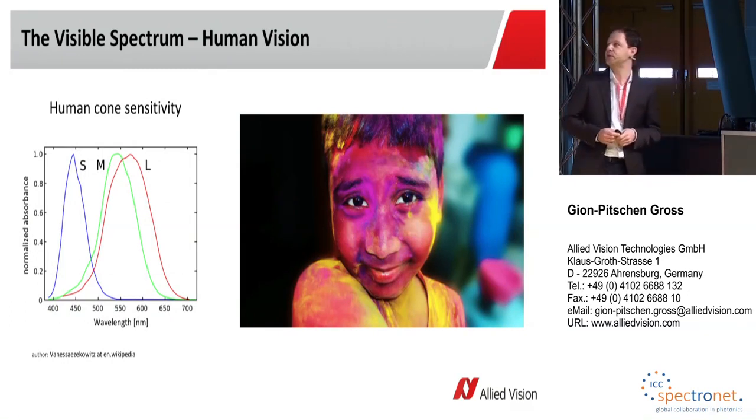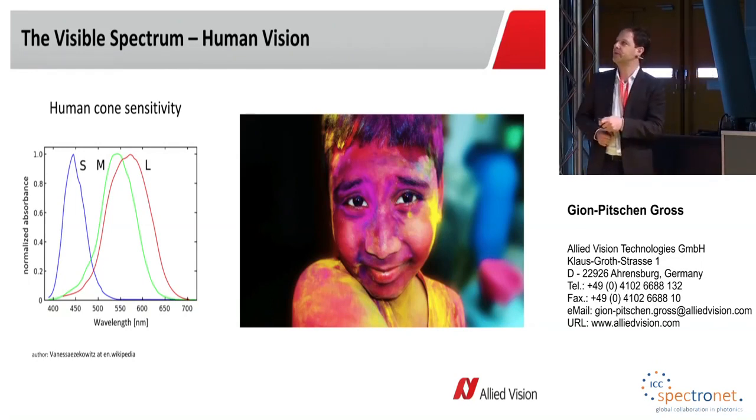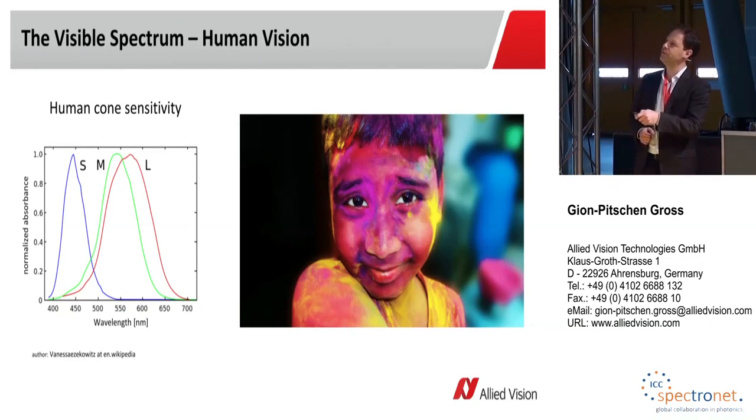This is because the human visual system has three so-called cones. So a short cone, a medium cone, and a long cone. And only because of these three different receptors, we can see beautiful colors like this.